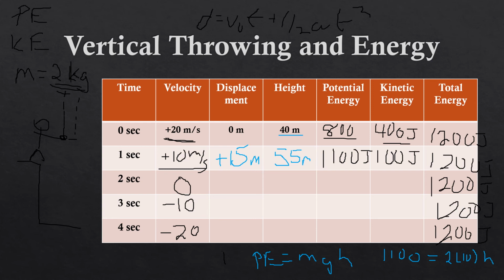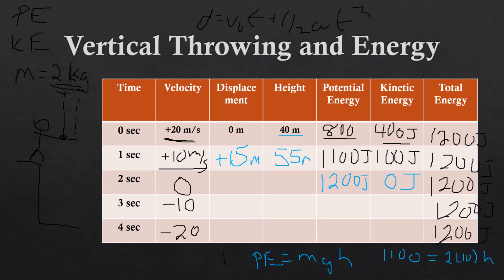Keys and patterns. When the velocity is 0, what's the kinetic energy? 0. So what's the potential energy? 1200. Oh my goodness. Interesting. So we know that it's not moving at the top of its path.